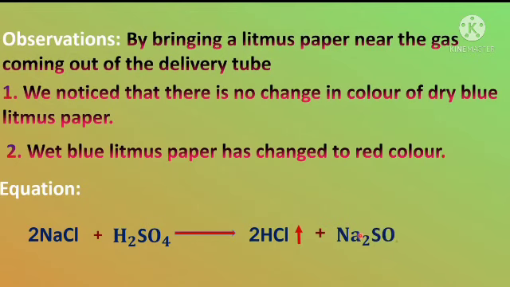We know some precautions for chemical equations: the upward arrow shows an evolved gas, and a downward arrow shows a precipitate. Here, 2HCl is the evolved gas.